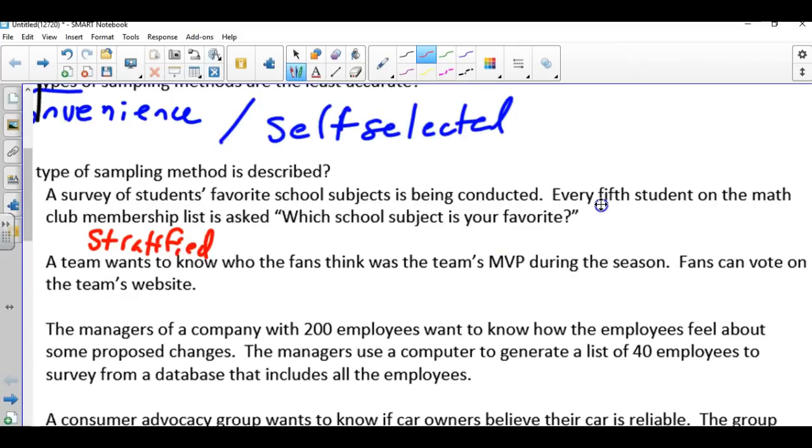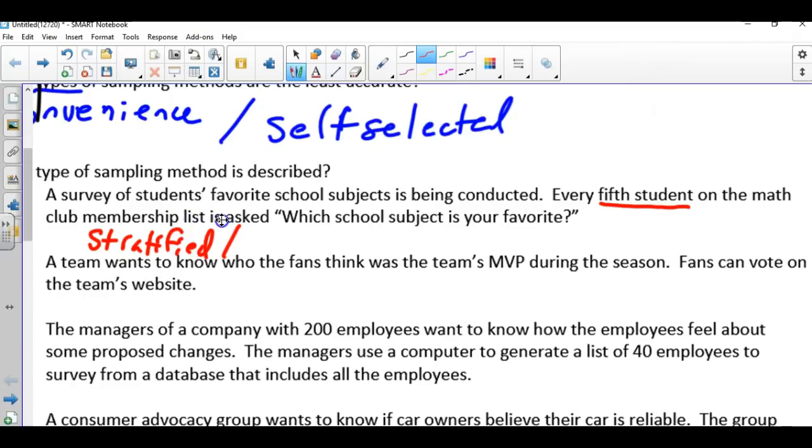Because they're selecting every 5th student in the math club. And also, I think it is going to be systematic. It's stratified because they picked out the math club students, so they broke them into groups. They went to the math club and asked, "Hey guys, what is your favorite subject?"